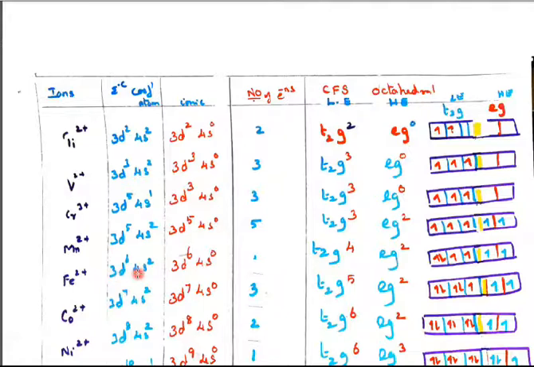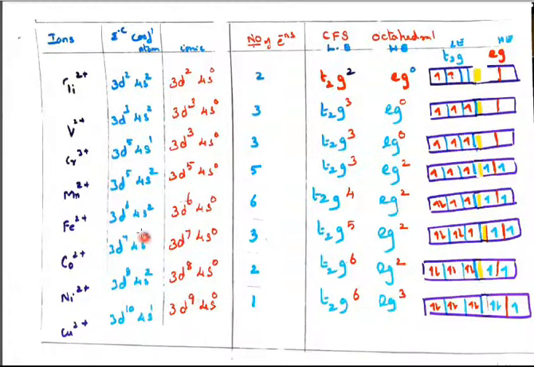Fe2+ loses 2 from s orbital, remaining 3d6 4s0. Cobalt 2+ remaining 3d7 4s0. Nickel 2+ remaining 3d8. And copper 2+ loses 1 electron from s orbital and 1 more from d orbital, so 3d9 4s0.